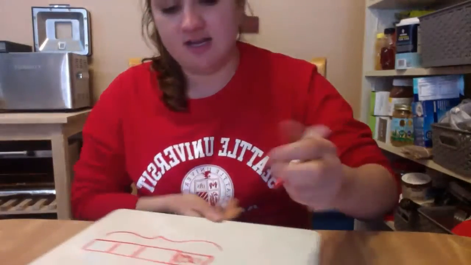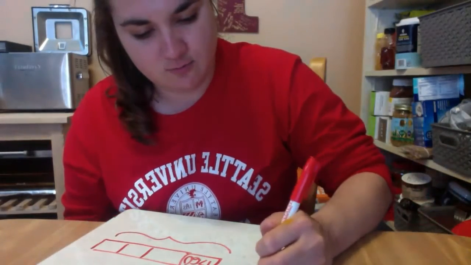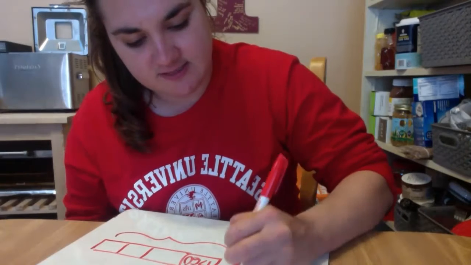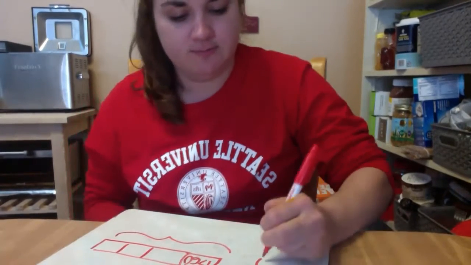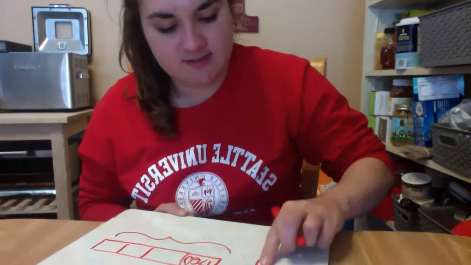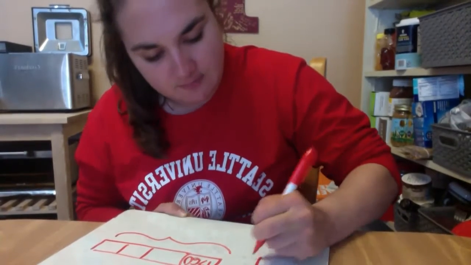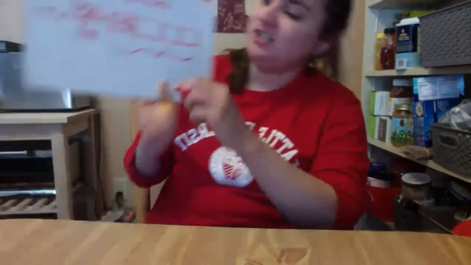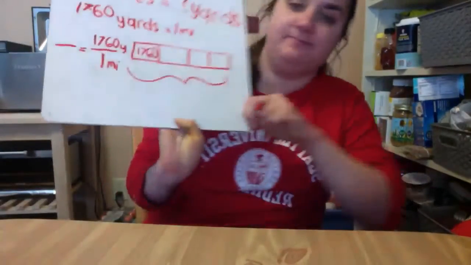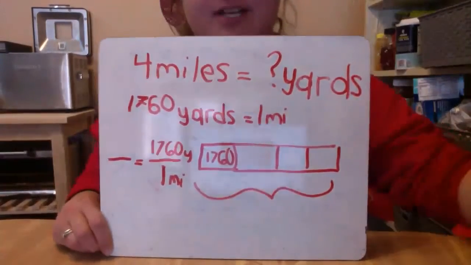The other thing I can do is 1,760 yards in 1 mile is equal to, and remember, I want my units to match up. So in my question, do I know yards or miles?